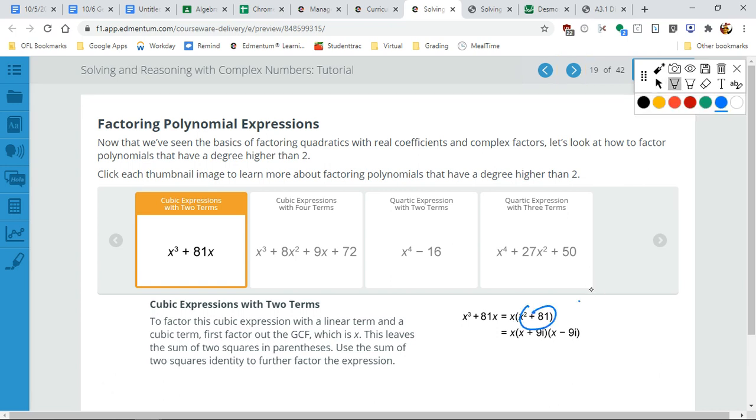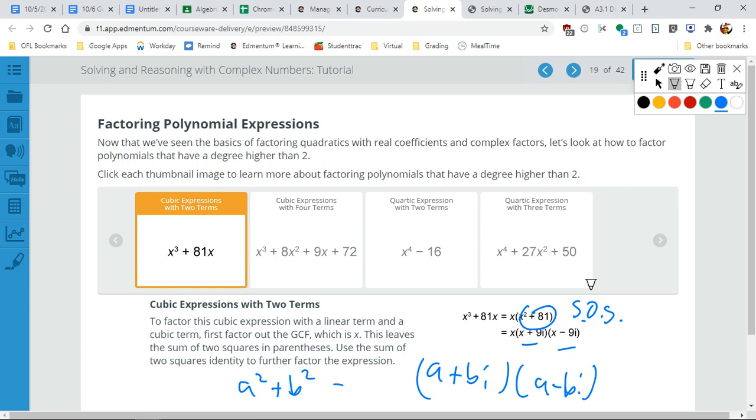This right here is an SOS, sum of squares, which we can break down using our formula, a plus bi times a minus bi, because this is a squared plus b squared. That's where I'm getting these numbers from. The square root of x squared is x, and the square root of 81 is 9.